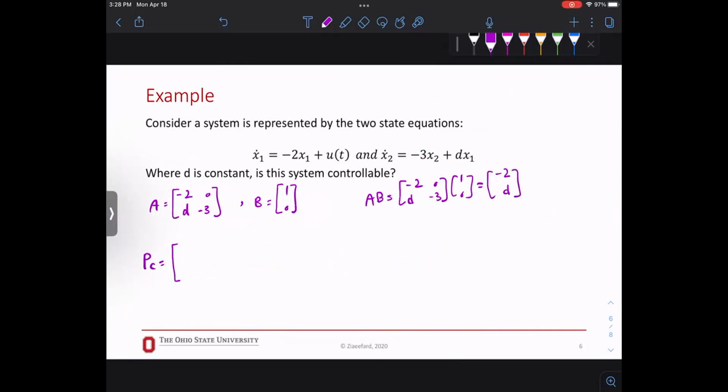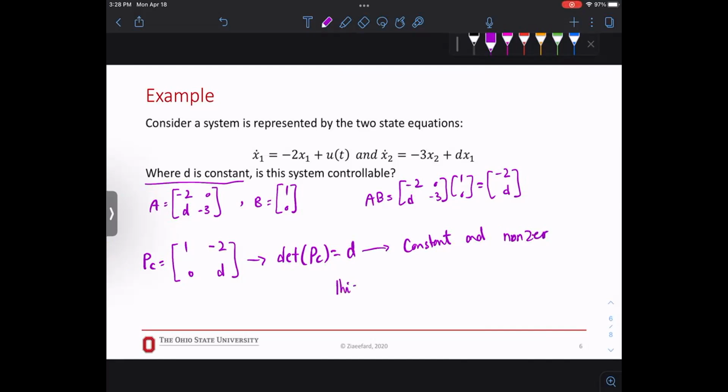Now, PC is B, then AB placed next to it. The determinant of PC is going to be D. Since D is constant, and by constant, let's say non-zero, the system is controllable.